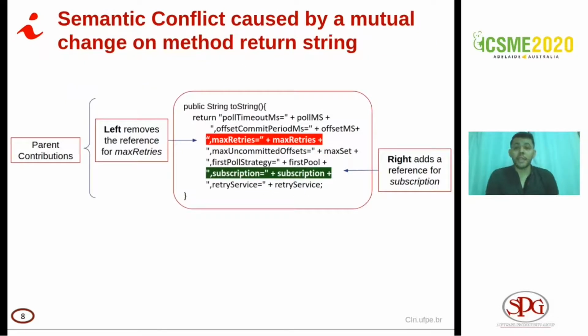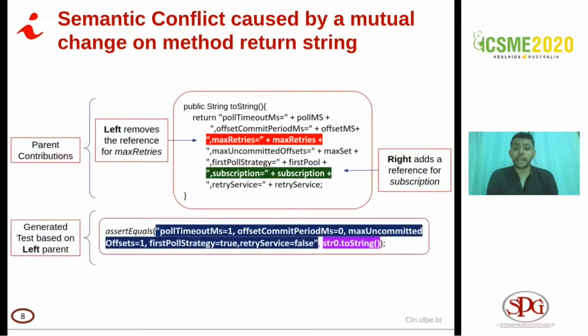In this case, the parent contributions change the same string returned by the method toString, while left removes the reference from axis trees, highlighted in red, and right adds a new reference for subscription, highlighted in green. The generated test based on the left commit compares the string returned after applying the left change, highlighted in blue at the bottom, and the string returned by the method toString, highlighted in purple at the bottom.